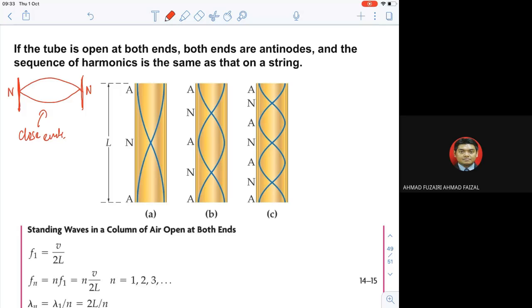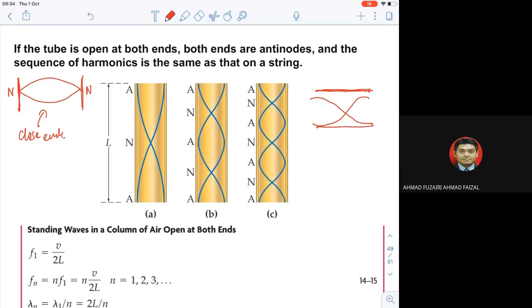Every time you draw an open end, the end is open, so you must draw an antinode point there. You must draw an antinode point. Like that.